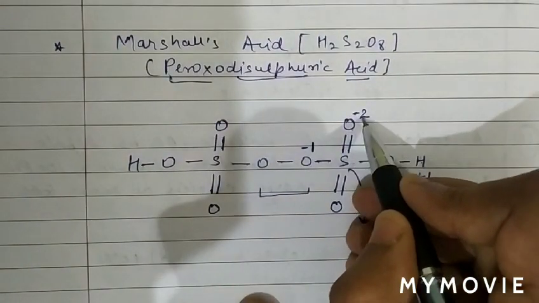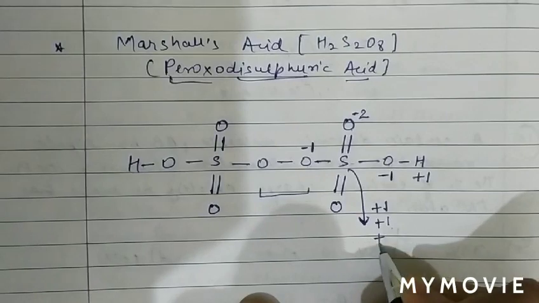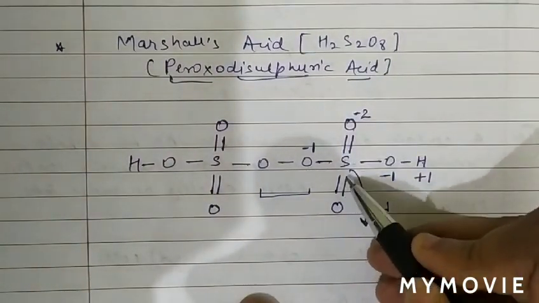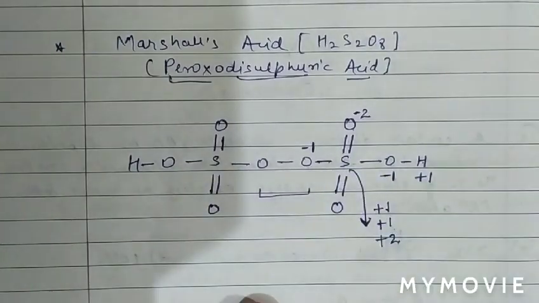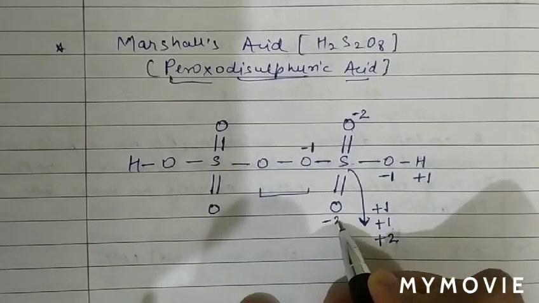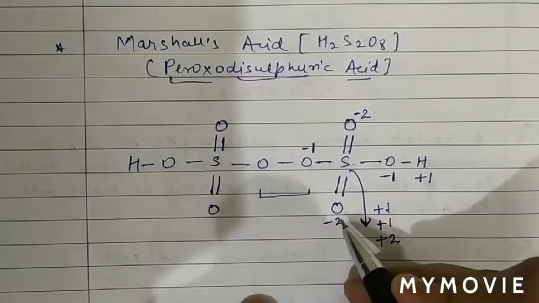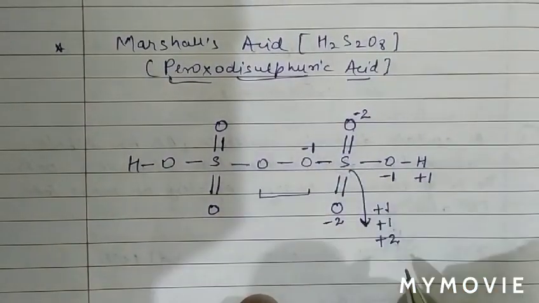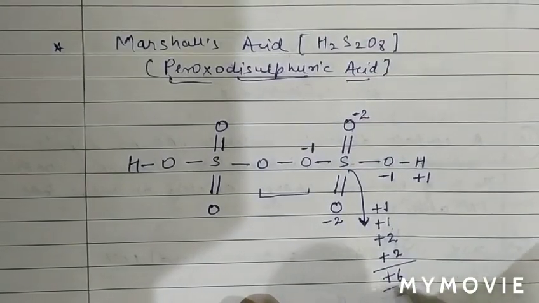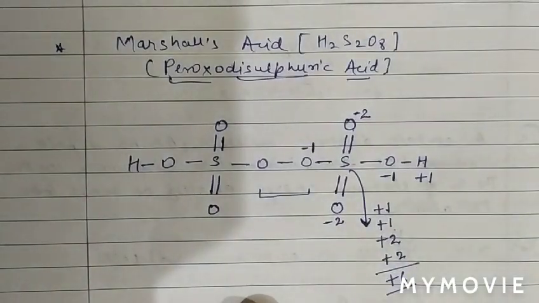So due to this -2 charge, sulfur will acquire a +2 charge. Again below, there is also a sulfur-oxygen double bond, and the electronegativity of oxygen is more, therefore -2 charge on the oxygen atom, and sulfur will again acquire a +2 charge. So the net charge on sulfur is +6. This is the oxidation state of the sulfur atom.